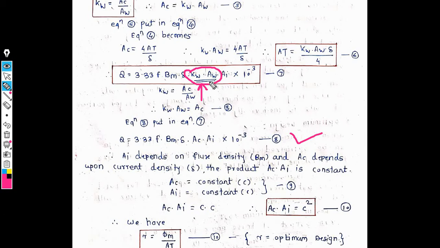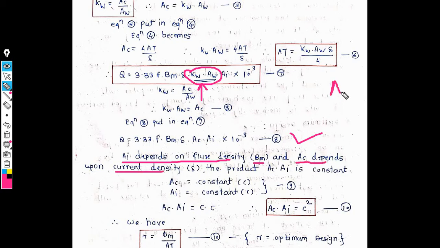But in minimum cost, the net iron area depends on the flux density, that is BM, and the area of copper depends on the current density.